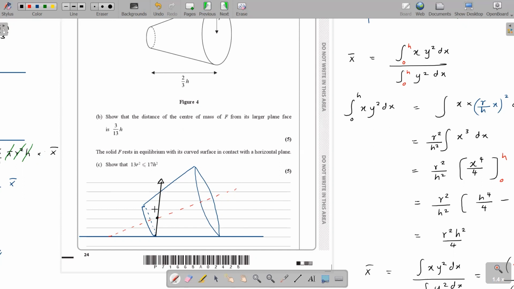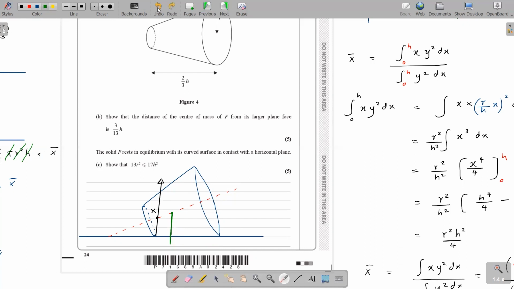So let me name this as point X. If your center of mass, your G, is after this point, you can see your G can go down and meet this surface, right? So in that case, this object will be in equilibrium. Why? Because when your center of mass is acting over in this area, the line of action of the weight can meet the surface, which means the normal reaction will act at that point.